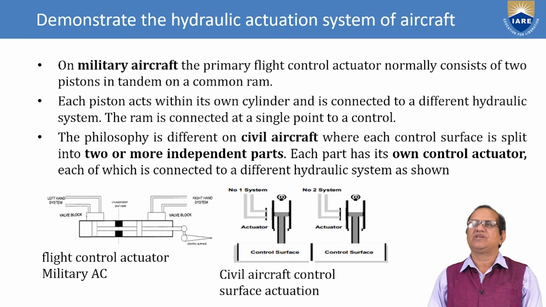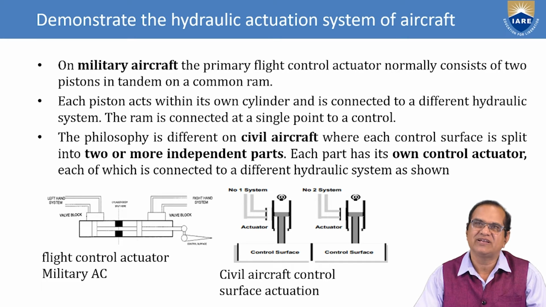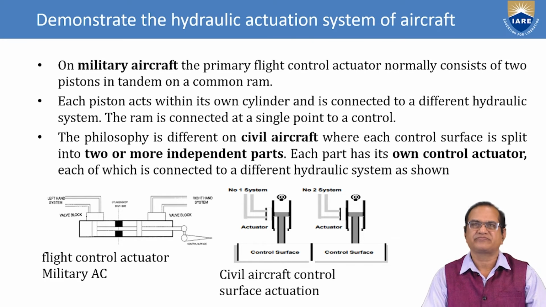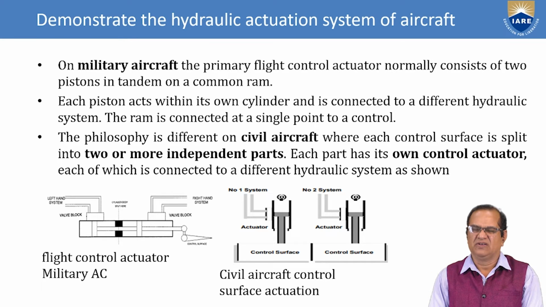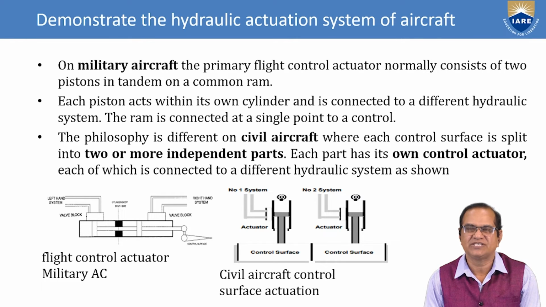Demonstrate the hydraulic actuation system of aircraft. How are the hydraulic systems of the aircraft operated? On military aircraft, the primary flight control actuator normally consists of two pistons in tandem on a common ram. Each piston acts within its own cylinder and is connected to a differential hydraulic system.